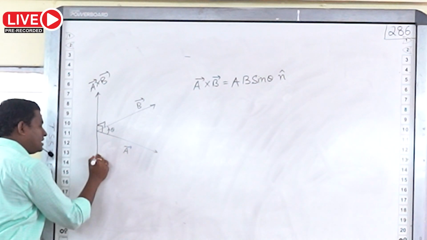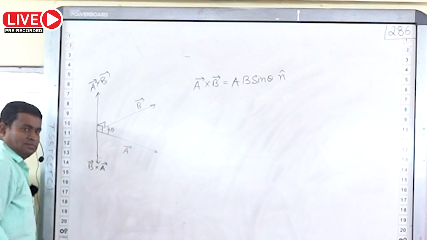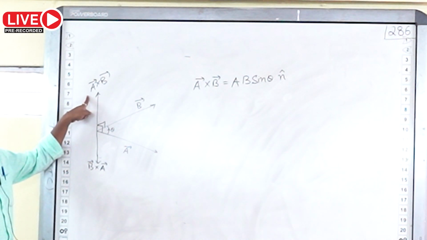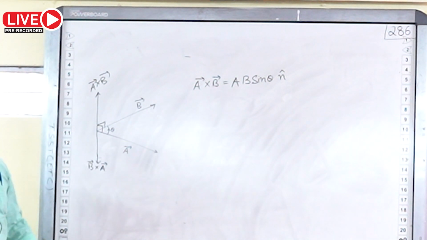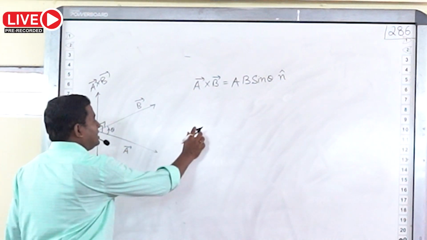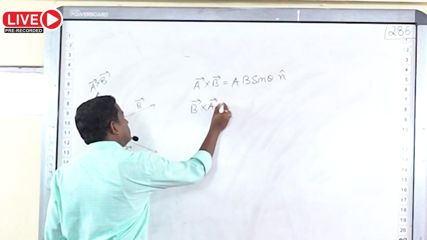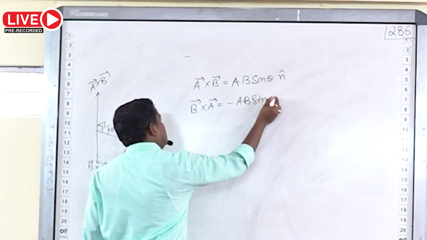It has the same magnitude but the direction is opposite, downward. So if along this direction the unit vector is defined as plus n cap, then in the opposite direction it is defined as minus n cap. And similarly we can write B cross A equal to minus of AB sin theta n cap.